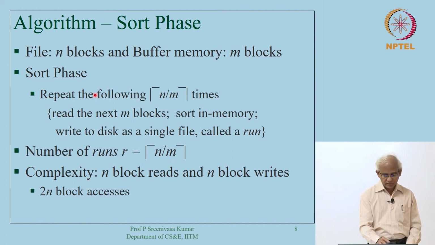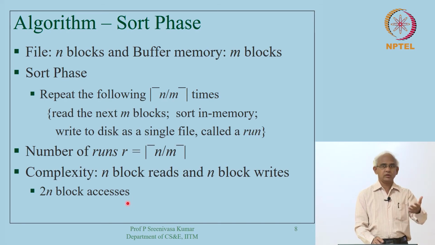And the complexity of this entire phase is 2n block accesses. Why is that? You have to read all the n blocks of the file into memory at some time or other, and then write them all back. You read m blocks at a time, sort them and write back those m blocks again.